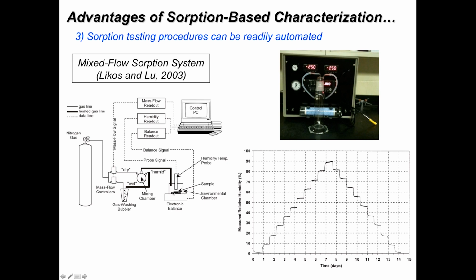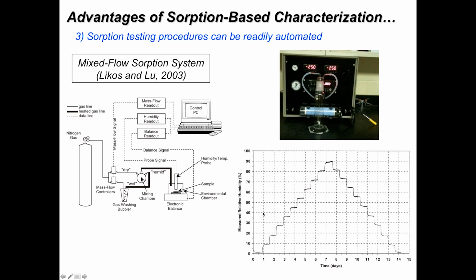And the specimen that's in here, a couple grams, maybe 3 or 4 grams of clay sitting on an electronic balance, and so we could measure the absorption or desorption response as we controlled the humidity in that environment.